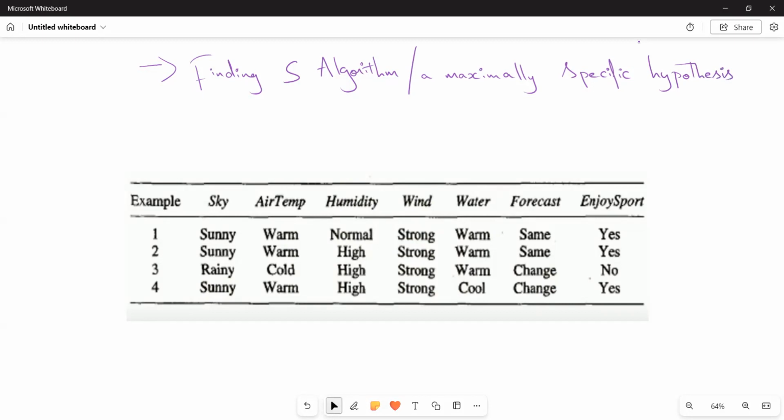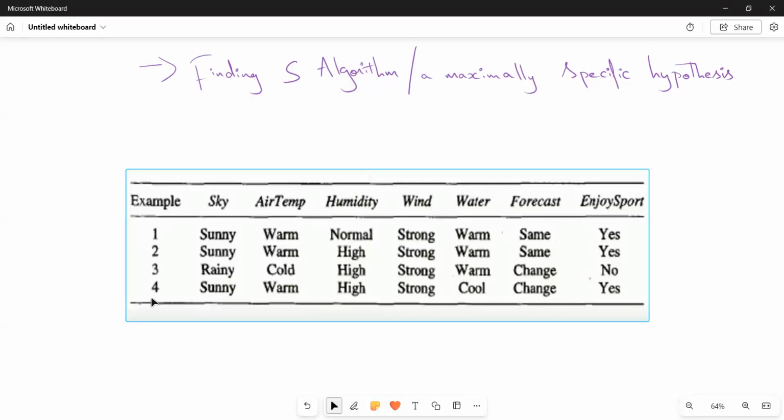Looking into the question, you'll have to understand that we're going to learn how to apply the Find-S algorithm to find the maximally specific hypothesis. Here, as you can see, there are 4 examples in the data set, and there are 6 attributes: sky, air temperature, humidity, wind, water, and forecast.